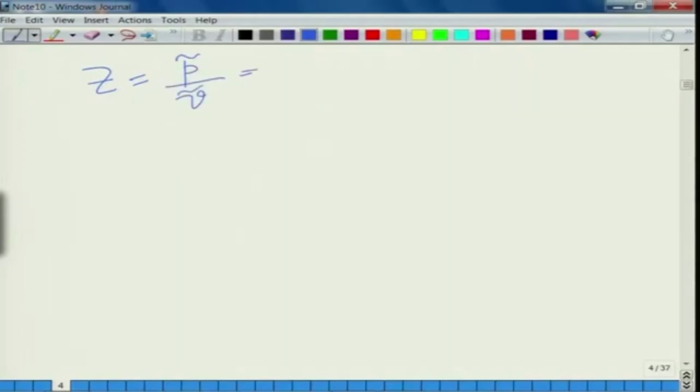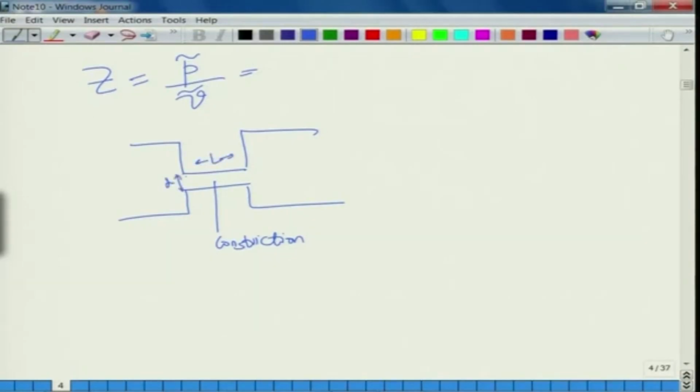So, if you have a system such as a big cavity or a duct, and you have a very short constriction, or a small tube of a small length L whose diameter D is also much smaller than the big diameter between which the tube is sandwiched.